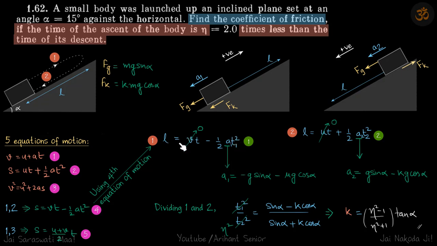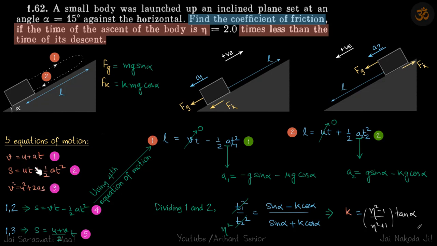If you are not familiar with this equation of motion, let me quickly tell you the five equations of motion. You are familiar with these three. We have two more. You can see that in all three equations we have u, and in all three equations we have a also.